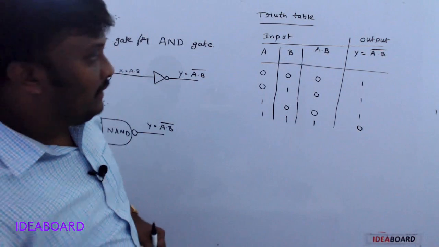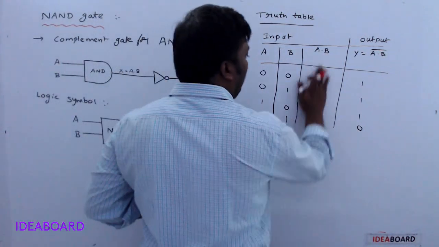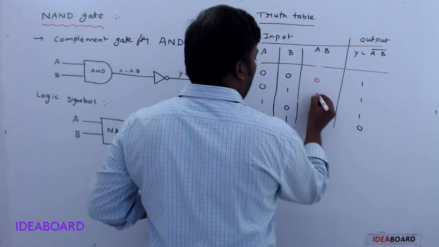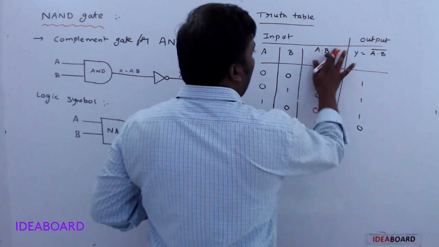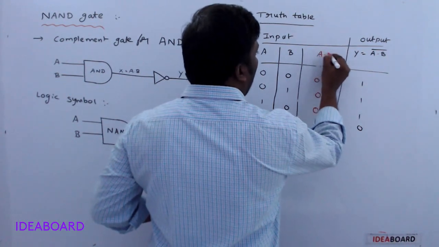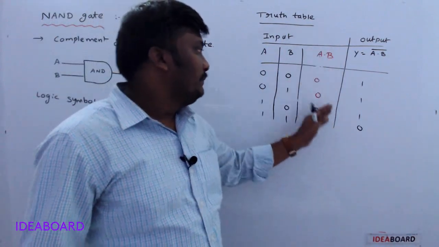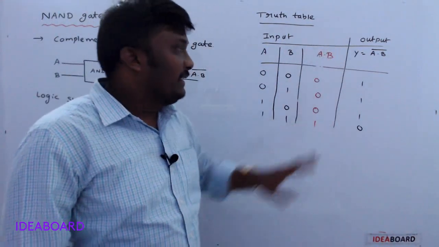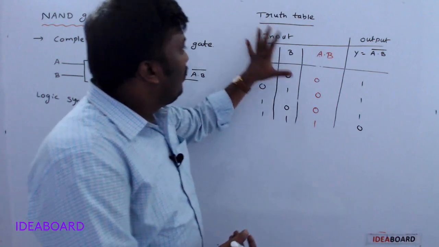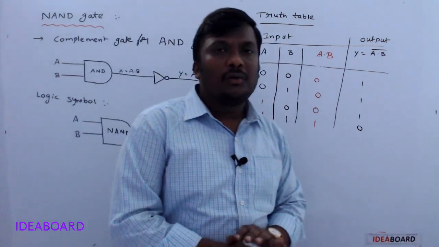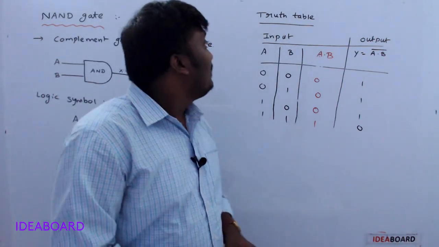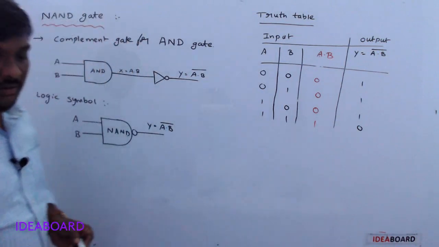Is it clear? For the truth table it is not required, that's why I am placing it in red ink. Clear now? So can you say two statements by using this truth table?